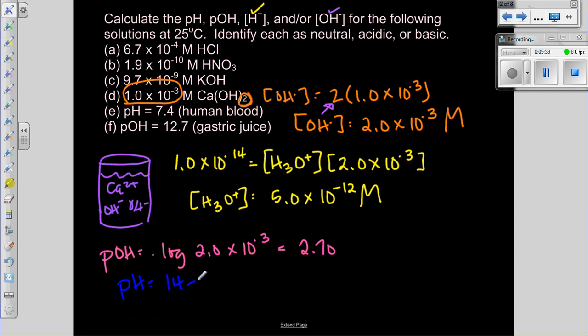So I'm going to do 14 minus 2.70, which will give us 11.30, which would tell us that that solution is basic. And if I look at it, that would make sense because I've got a base, and this molarity is greater than the hydroxide ion concentration would be in water. So that makes complete sense.